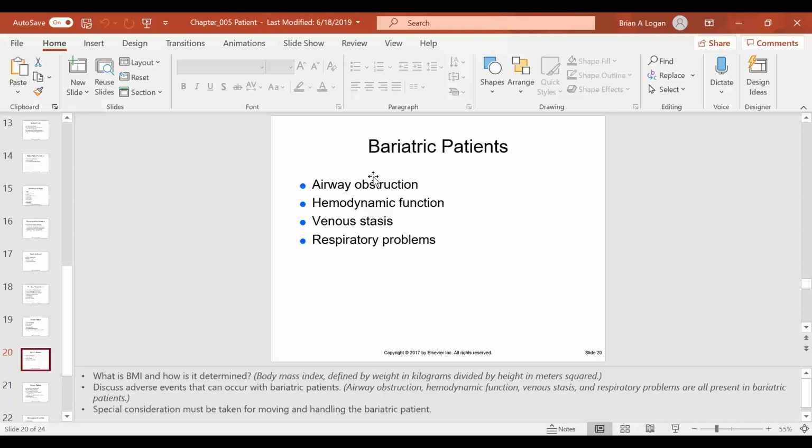Well, in some of your bariatric patients, there may not be a whole lot of movement. There's a lot of sedentary sitting around and stuff like that. You're going to get that pooling of blood in your veins. That's venous stasis. Stasis meaning that things are just staying put. In this case, it's talking about the blood in the vessel.